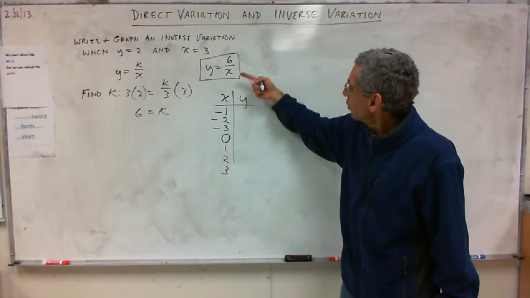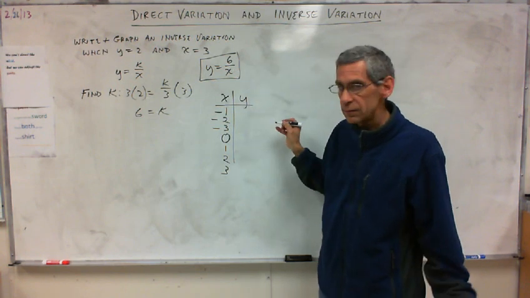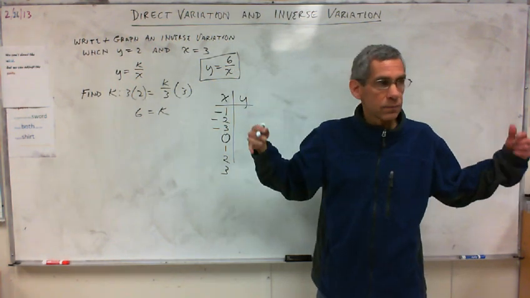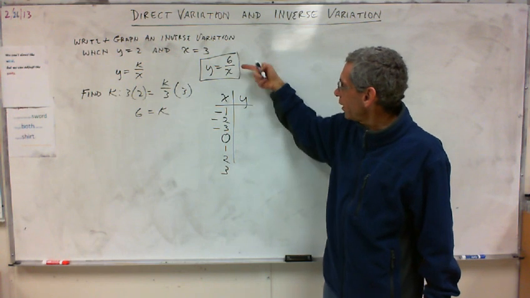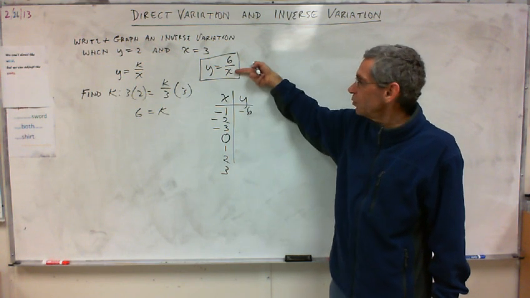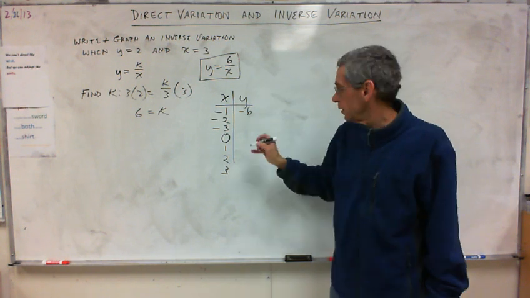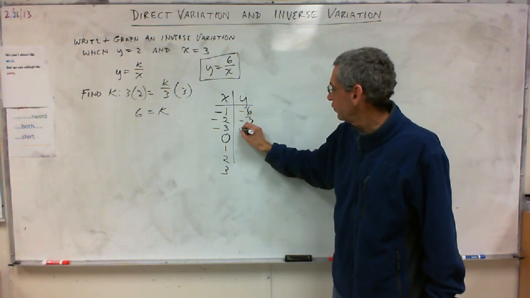So let's try it. What is y when x is negative 1? When x is negative 1, y is negative 6, right? All right, when x is negative 2, y is negative 3. When x is negative 3, y is negative 2.